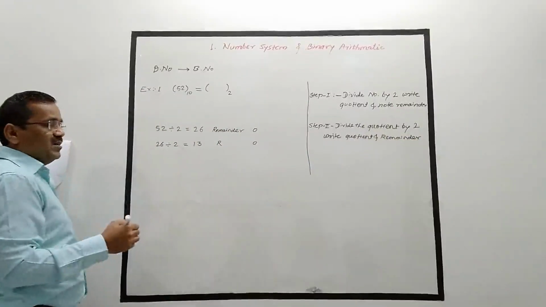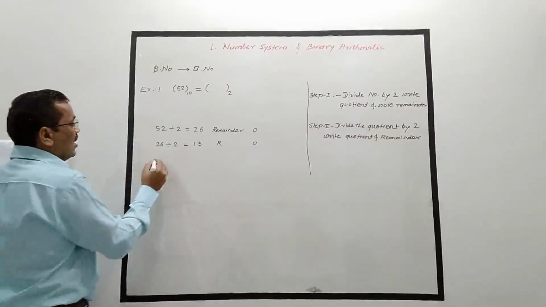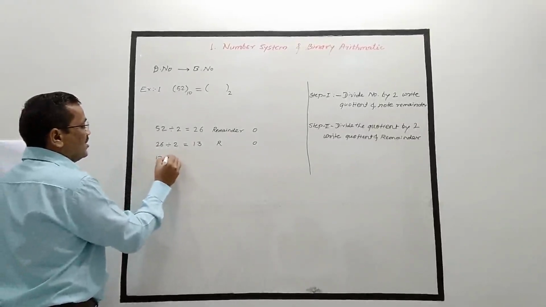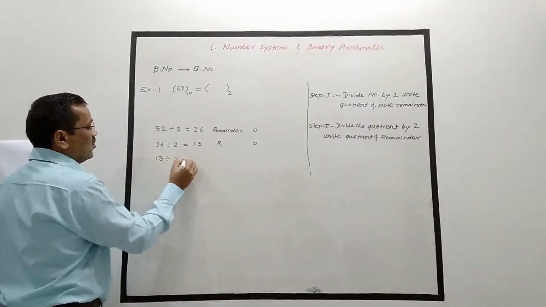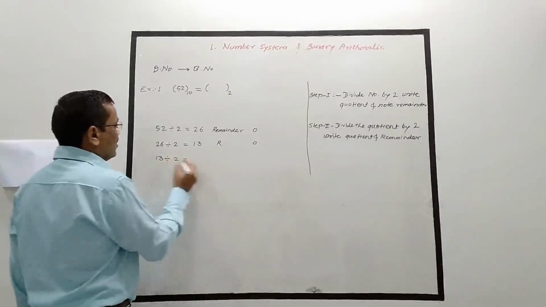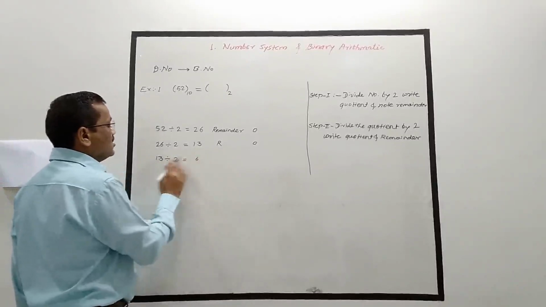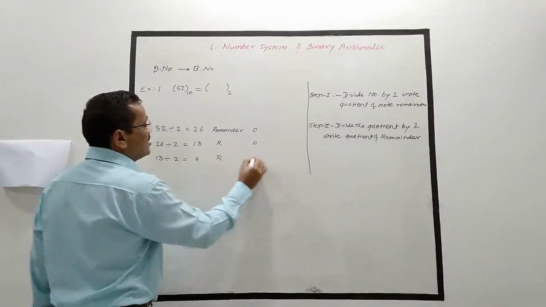Same is the procedure for step 2. Step 3: Again divide the previous quotient by 2. 6 is the quotient and the remainder is now 1.